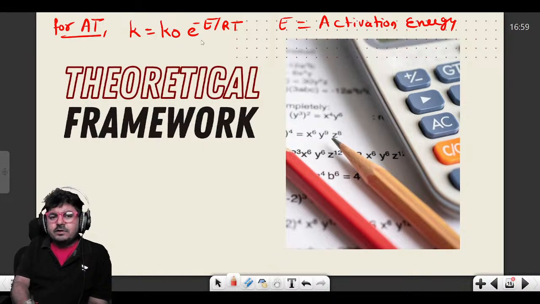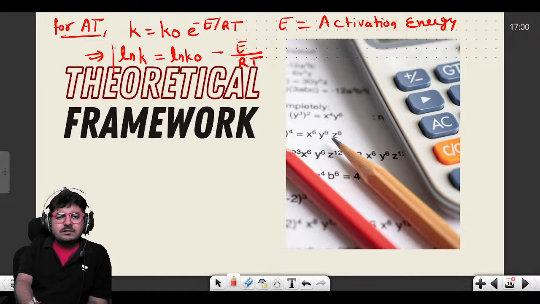So here, if you write this equation in terms of log, meaning to make it linear, it can be written as ln k is equal to ln k naught minus E upon RT.